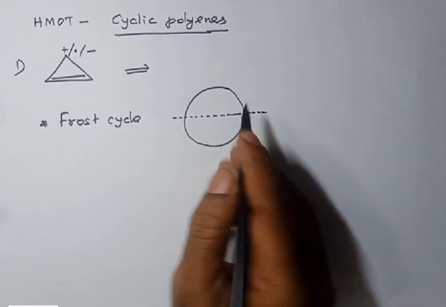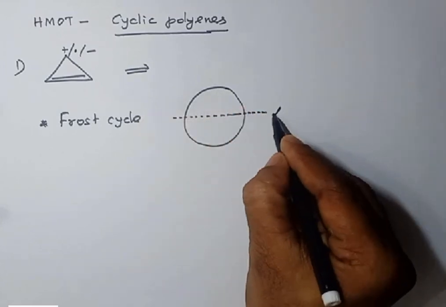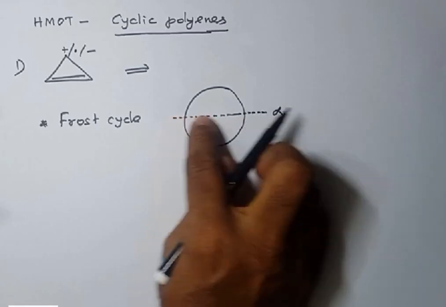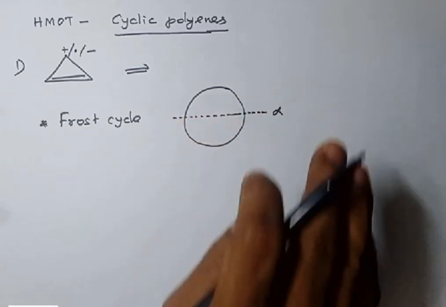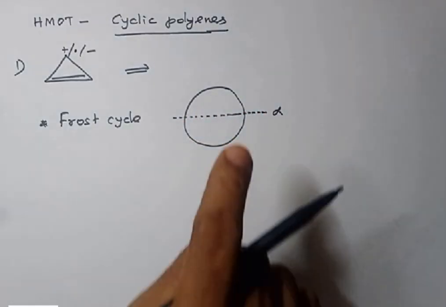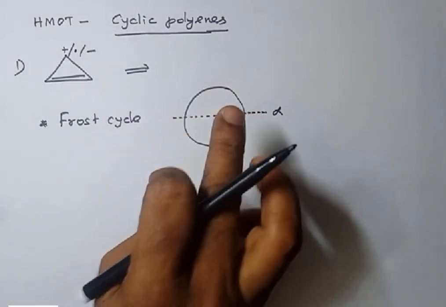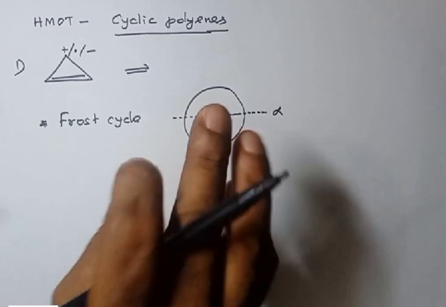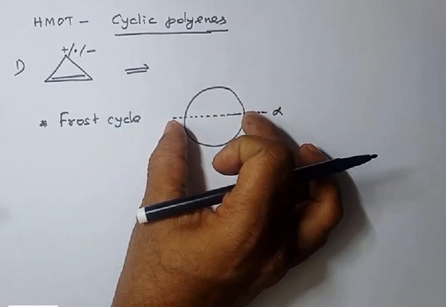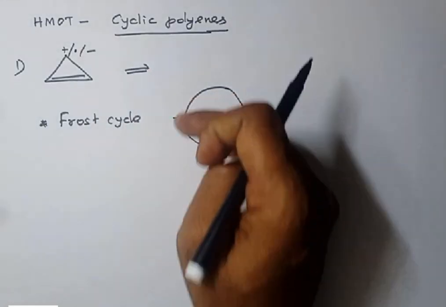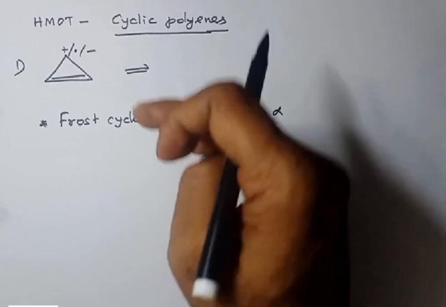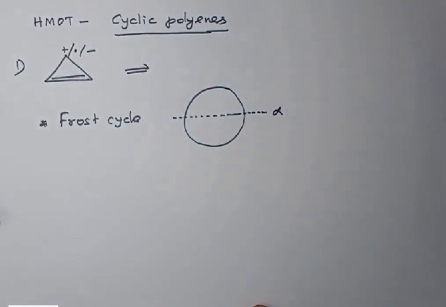This is called the barycenter, or I will put alpha. Along this line the energy is alpha, meaning if the electron in the p orbital does not get involved in bonding, the energy is alpha. Below this we have bonding molecular orbitals, and above this we have anti-bonding molecular orbitals.